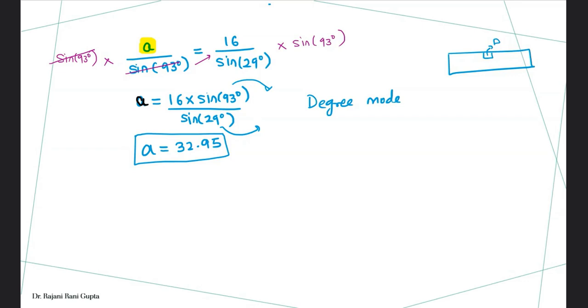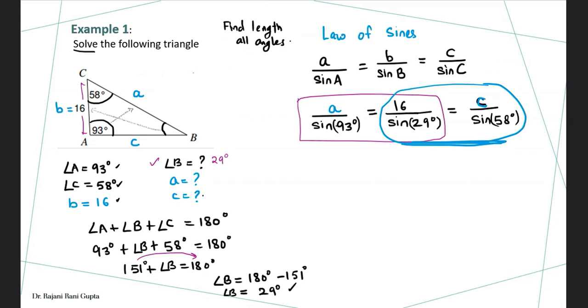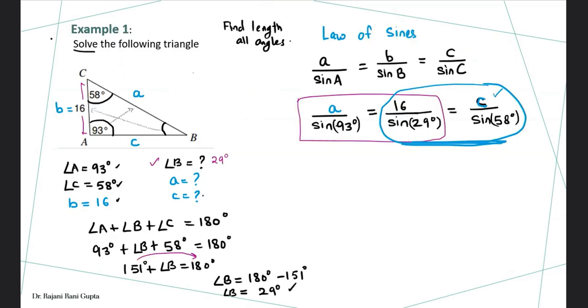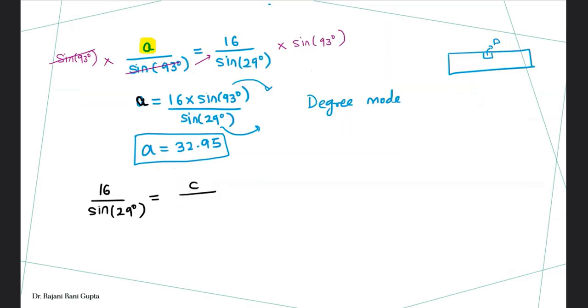Now this is the value of a. If we go back to this relation, we will similarly find the value of c by using the second and third relations. So it is 16 divided by sine of 29 degrees equals c divided by sine of 58 degrees.